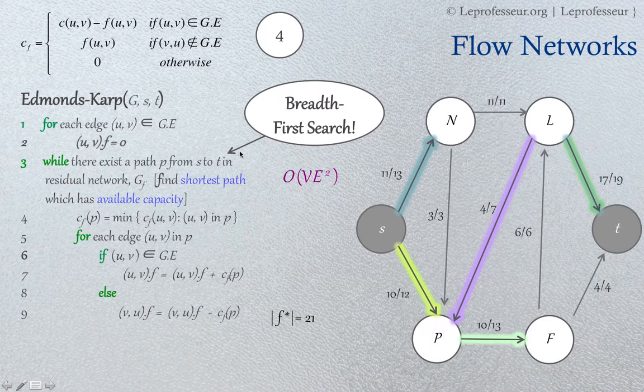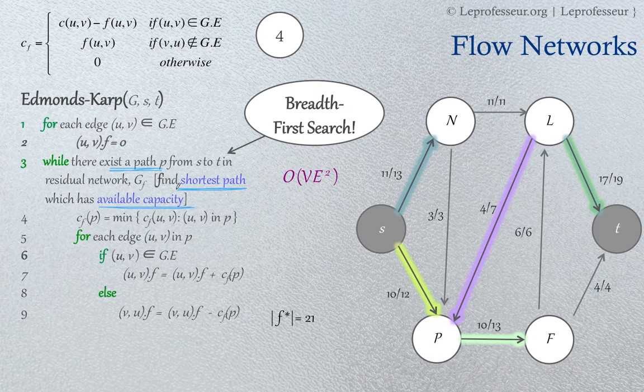Now Edmonds and Karp, these scientists, came up with a novel idea: instead of choosing just any path at step number 3 in the original Ford-Fulkerson algorithm, what if we use breadth first search and choose the shortest path which has some available capacity left?